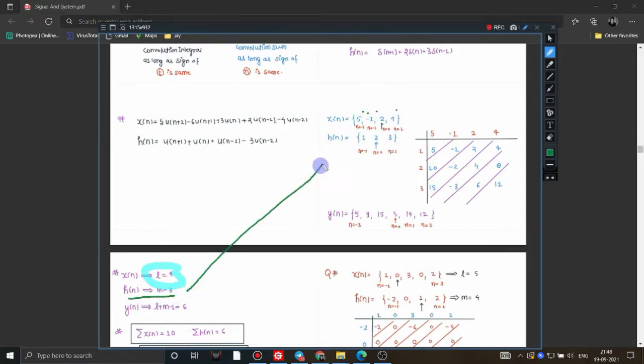Length of hn is 3, because only 3 terms. And length of yn is 4 plus 3 minus 1, which will give us 6.